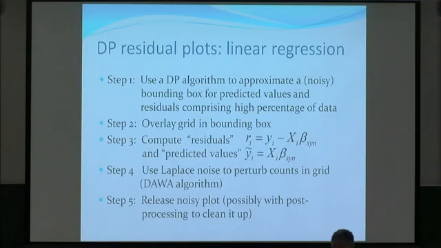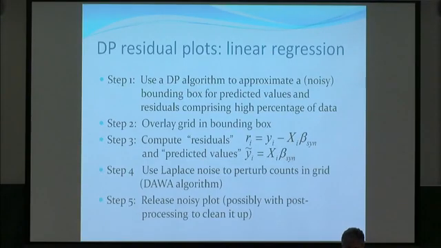Okay, so anyway, what we do is, using the sparse vector technique, we have a differentially private algorithm to approximate a bounding box for the residuals that encapsulates a high percentage of the data, say 95% of the data. Okay? And you need that box, again, because otherwise it can go off to infinity, right?